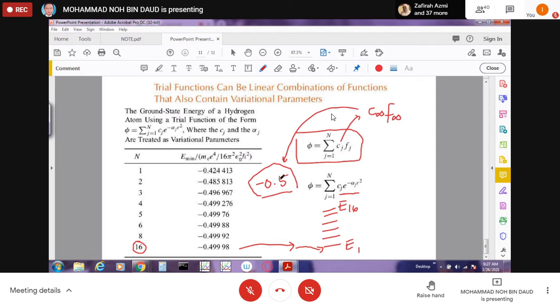How to find this one? We know for the hydrogen atom, the ground state energy is minus 1 over 2n squared in atomic units, in units of Hartree. So this is in atomic units, when we set n equal to 1.